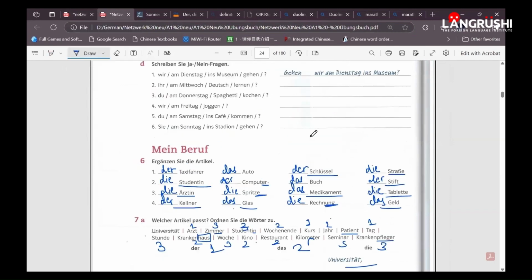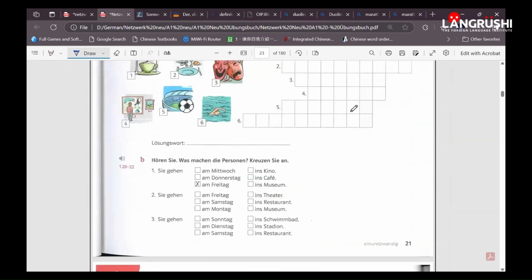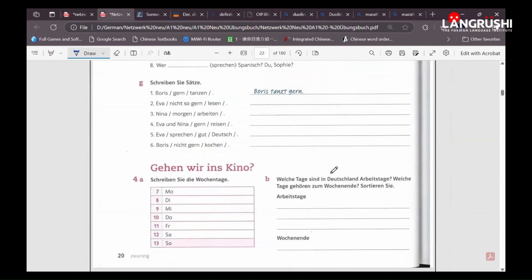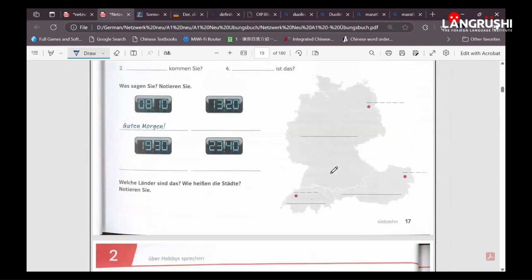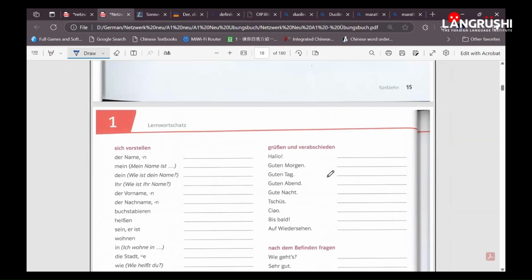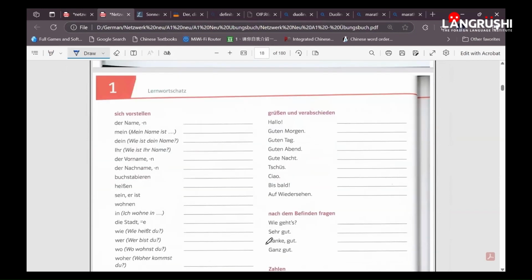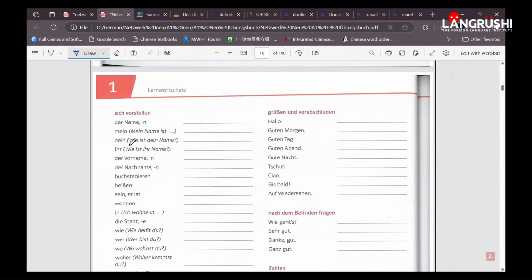Now in our Übungsbuch, after every chapter, you have the list of the words that are given in that particular chapter. So there is a good way to start building your vocabulary.